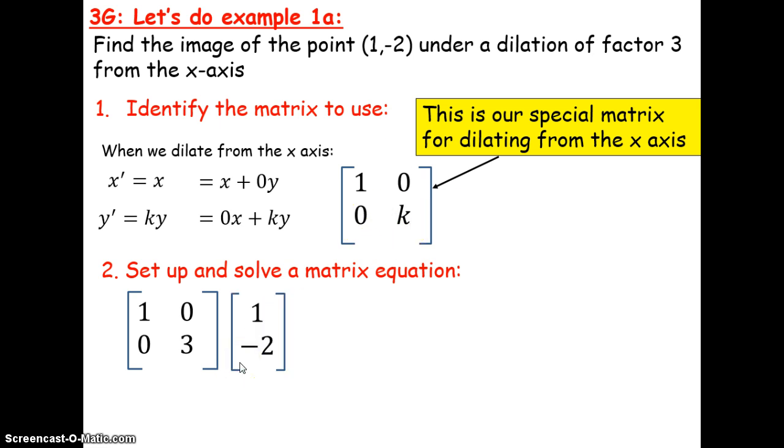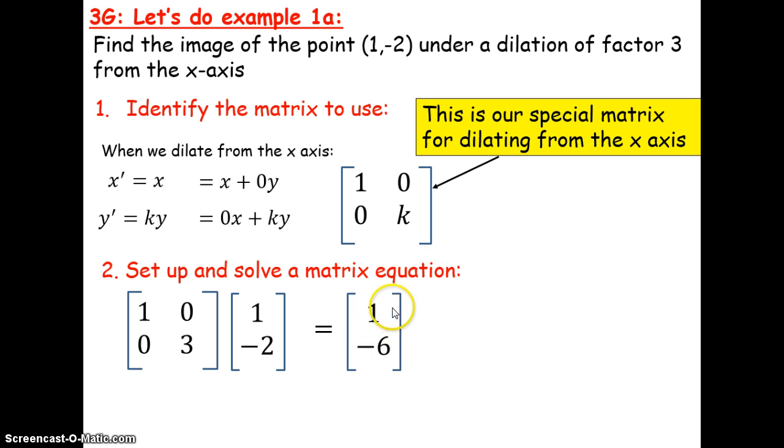We're multiplying that by the point. The point is given to us up there as 1, negative 2. When we multiply row by column, 1 times 1 is 1, plus 0 times negative 2 is 0, so 1. Next one, 0 times 1 is 0, plus 3 times negative 2 is negative 6.